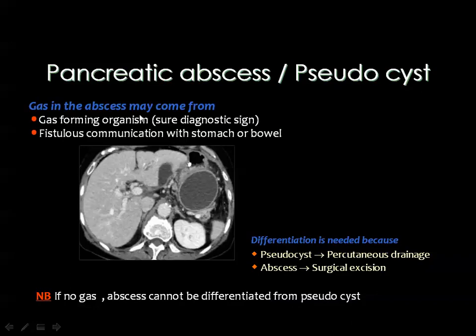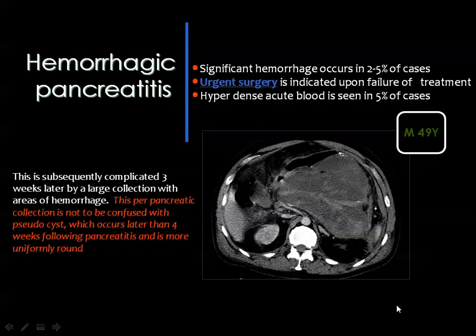Gas in the abscess may come from a gas-forming organism or a fistulous communication with the stomach or bowel. And as I have mentioned, the presence of gas is the only way to differentiate between a pseudopancreatic cyst and an abscess, considering that gas is not usually seen commonly in the peripancreatic collections.